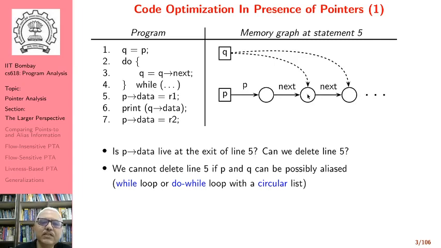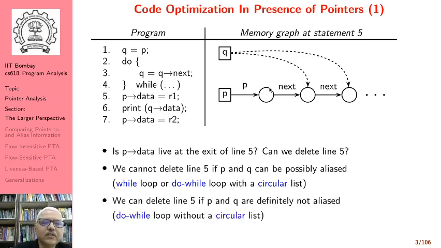If we have a circular list, if we keep going next and some next points to this, then P and Q may be aliased. So which means that answering questions in presence of pointers is non-trivial. We can delete line 5 as dead code if P and Q are definitely not aliased, which is possible when we have a do while loop and the list is not a circular list.